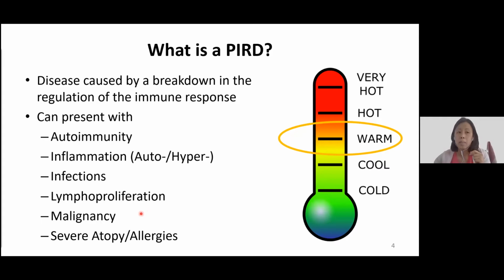Patients can develop malignancy or cancer, because we know that the immune system is important for going around the body and getting rid of bad cancer cells that may develop. And so if it's not acting properly, cancer and a malignancy can develop. And some patients can also develop pretty severe atopy or allergies, because when it senses those environmental triggers, it's not regulated properly and goes crazy.